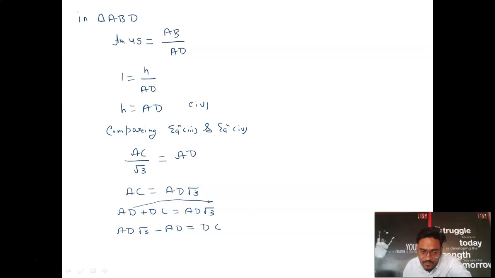So if I take AD common, it will be root 3 minus 1, and it is equal to DC. So from here I have got this relation: AD times root 3 minus 1 is equal to DC. Clear, students?